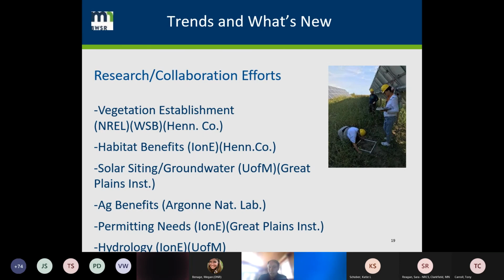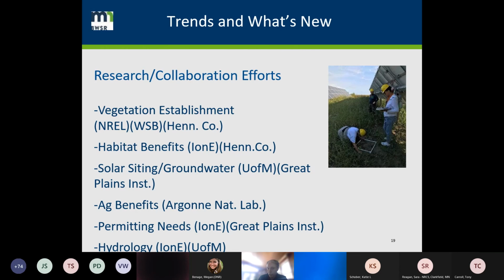Also research on ag benefits, the permitting needs of projects, and hydrology. I think the research around hydrology and water quality has been really encouraging, finding that these sites really are providing many benefits for treating water that's coming off of the panels and off of these landscapes.